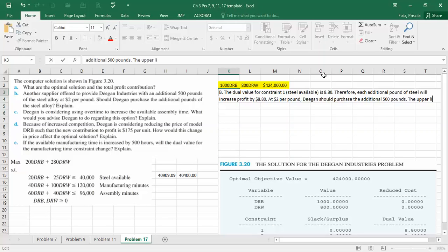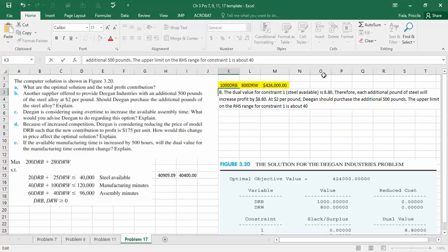The upper limit on the right hand side range for constraint one is approximately 40,909.